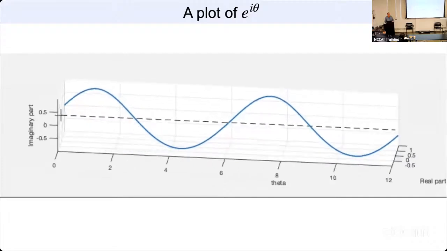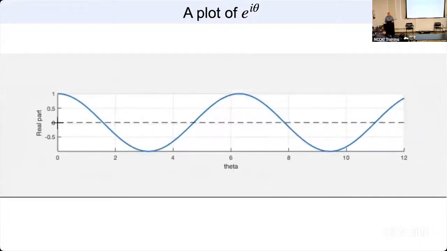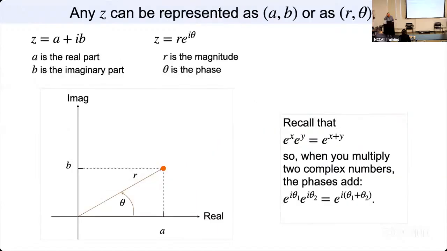And if we rotate it and look at the real part, it looks like this cosine function. So it's a helix. The magnitude stays the same at 1, but we say the phase changes. This theta is a phase angle, and so it takes on these complex values.